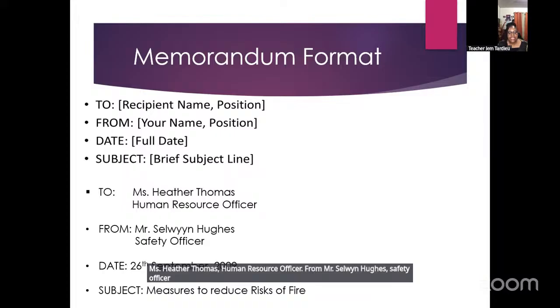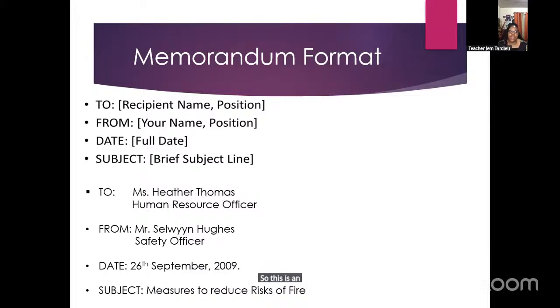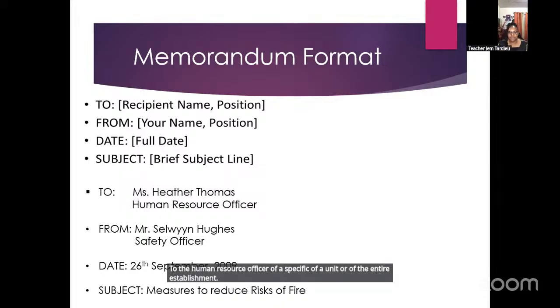The date, 26 September 2009, and the subject, measures to reduce risk of fire. So this is an informative memo that is going out from the safety officer to the human resource officer of a unit or of the entire establishment.